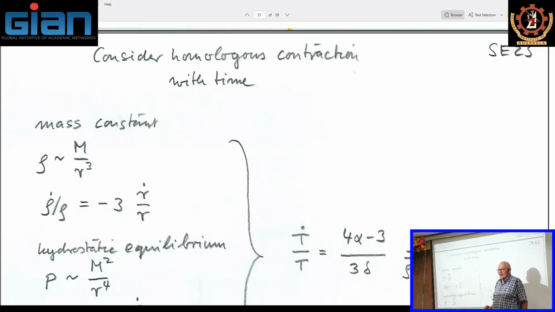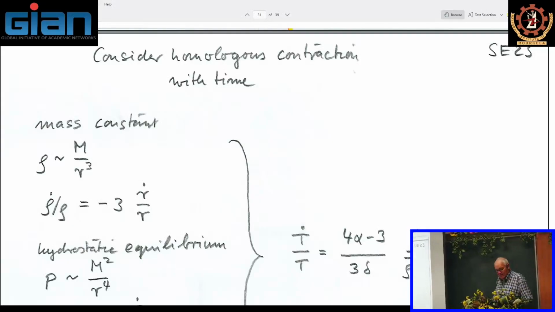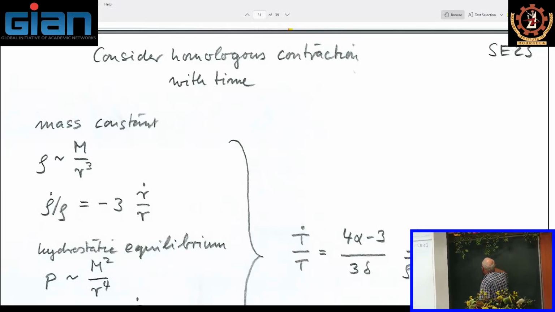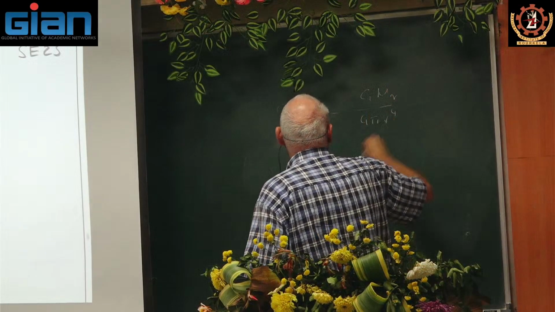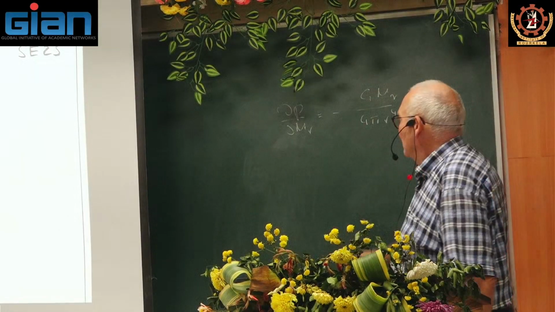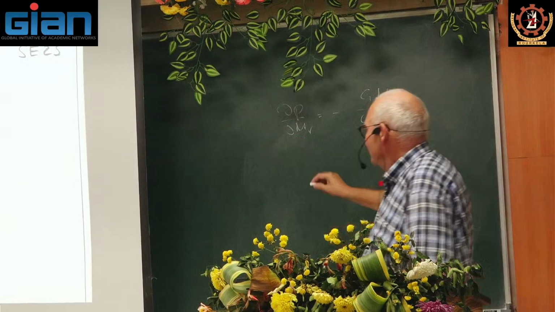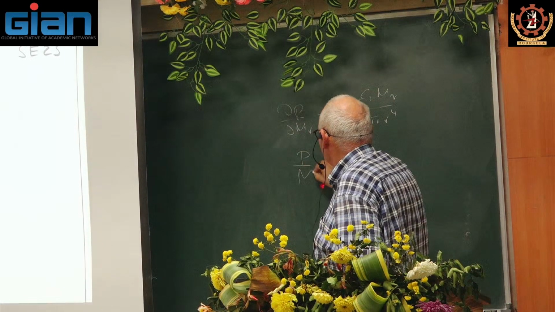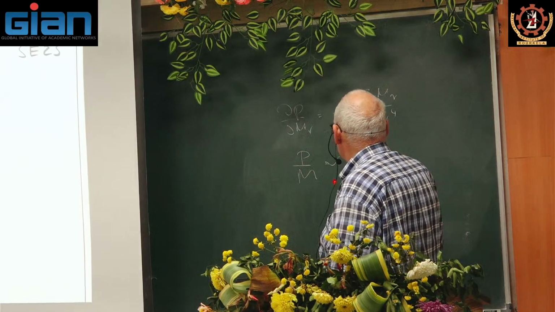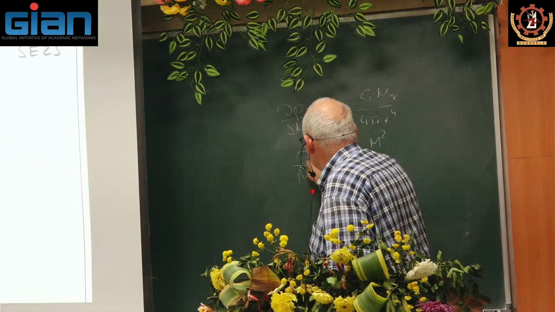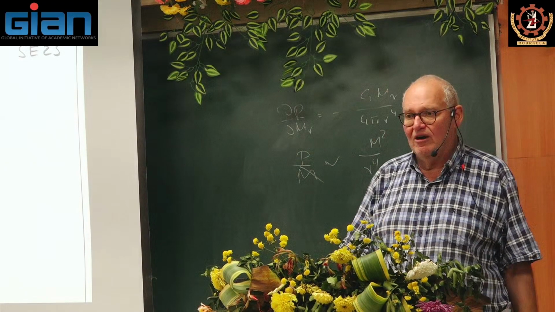Well, we do the same for hydrostatic equilibrium, where hydrostatic equilibrium is estimated the usual way. We have hydrostatic equilibrium, dP by dM_r is minus G M_r over 4 pi times the radius to the fourth. Now we estimate it in a very crude way. This is pressure over mass is proportional to M over r to the fourth, or pressure is proportional to mass squared over r to the fourth.